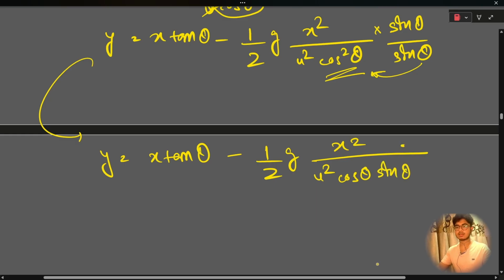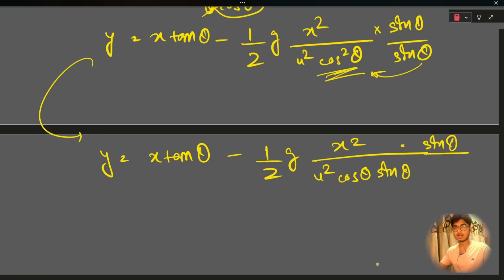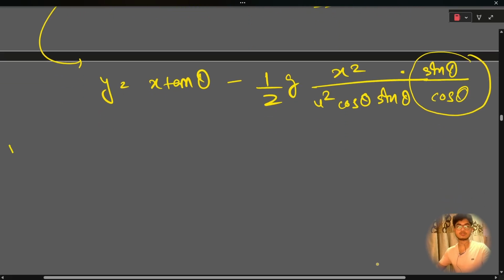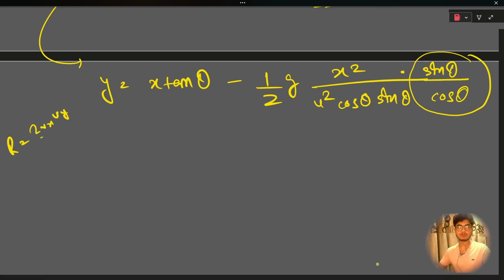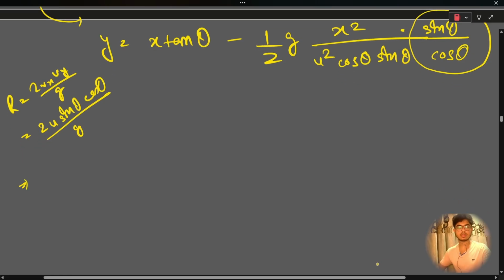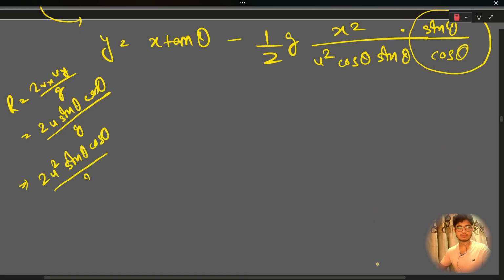Now obviously there is a sin theta in the numerator, and I'll take another cos here. Now why did I do this? First of all, sin theta by cos theta, this is tan theta, and also the formula for range was 2 ux uy by g, equal to 2 u sin theta cos theta by g, equal to 2 u square sin theta cos theta by g.